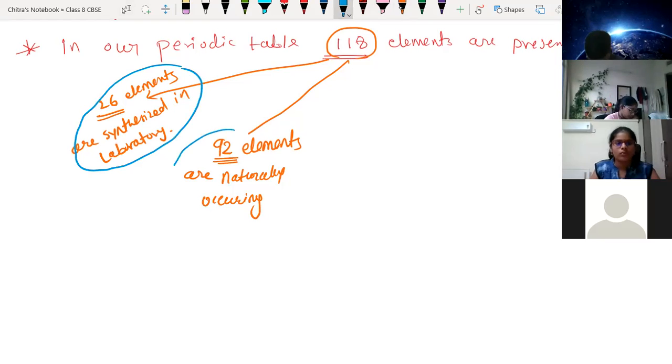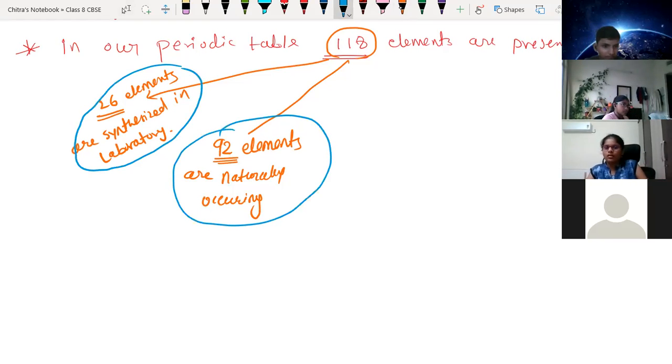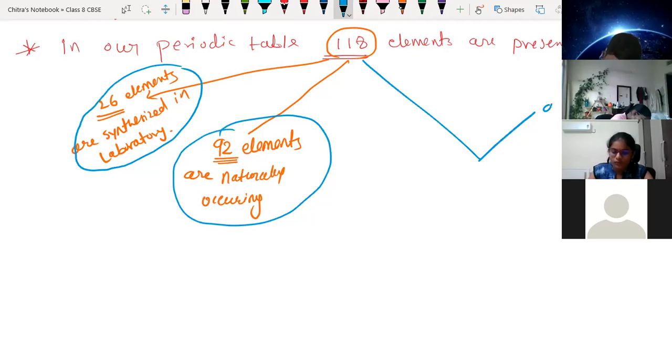Now, next part. Out of 118 elements, 95 are metals. Then we have 17 non-metals, and 7 are, huh, beta?